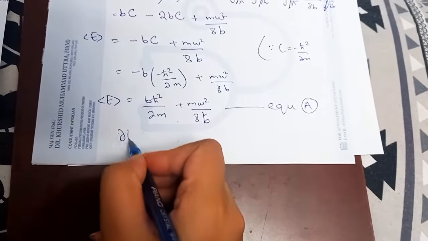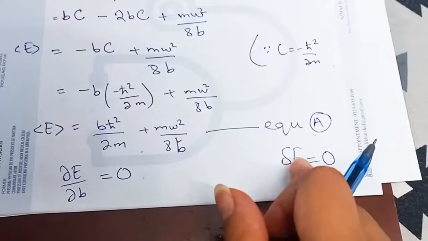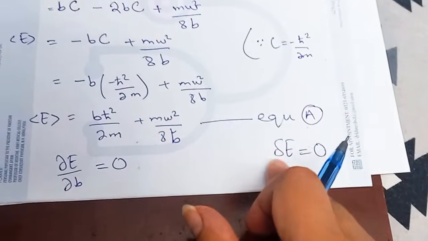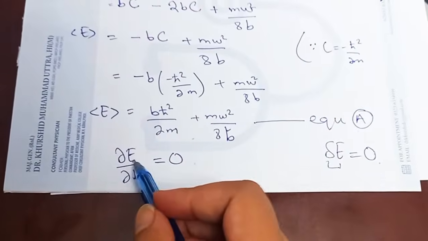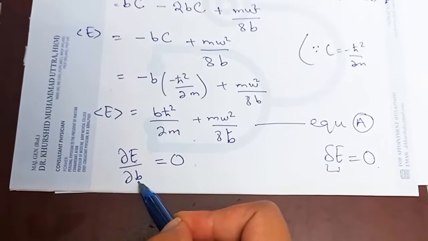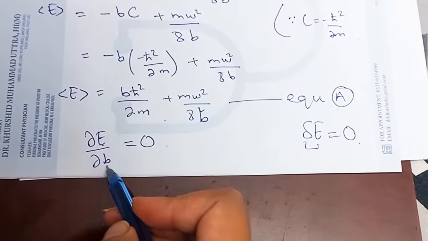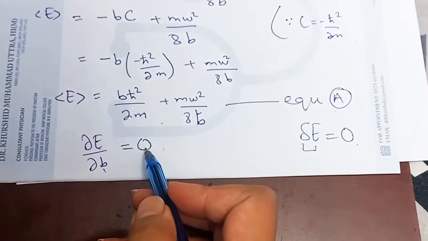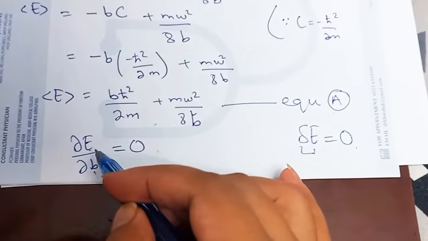We'll differentiate E with respect to b and we'll put it equal to 0. This is what the variational principle says, like putting the variation of E equal to 0, variation of E with respect to the parameters will minimize it. So we'll minimize the energy with respect to these parameters and we'll set it equal to 0. That's how the minimization process works.